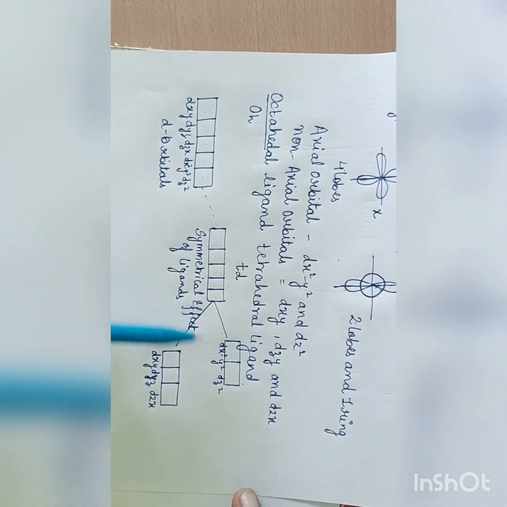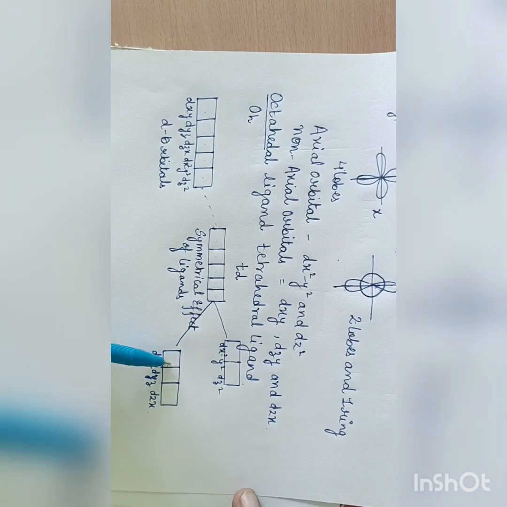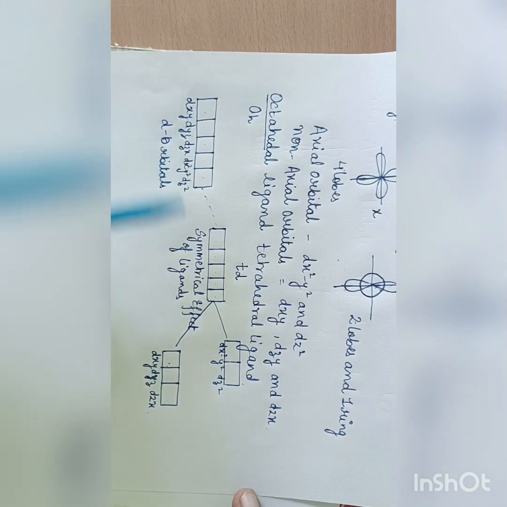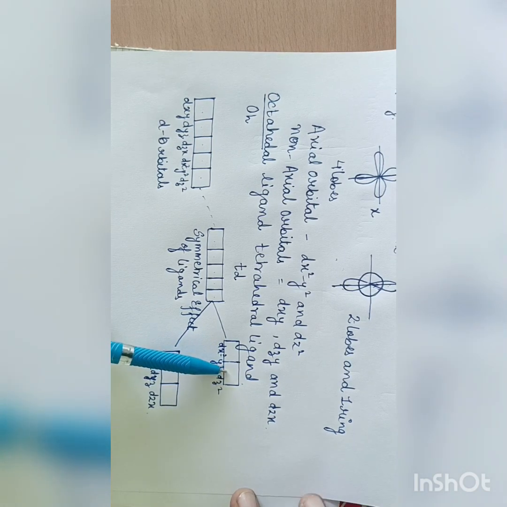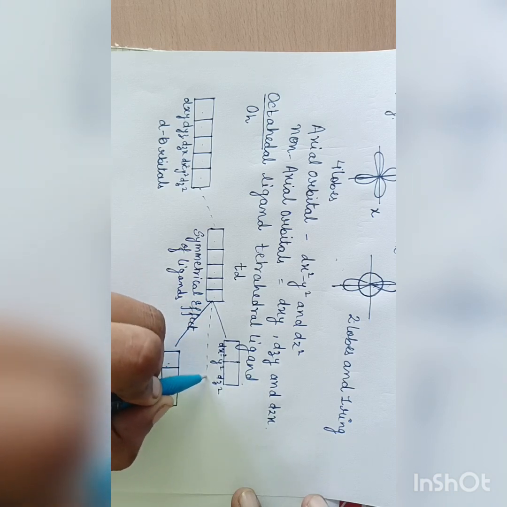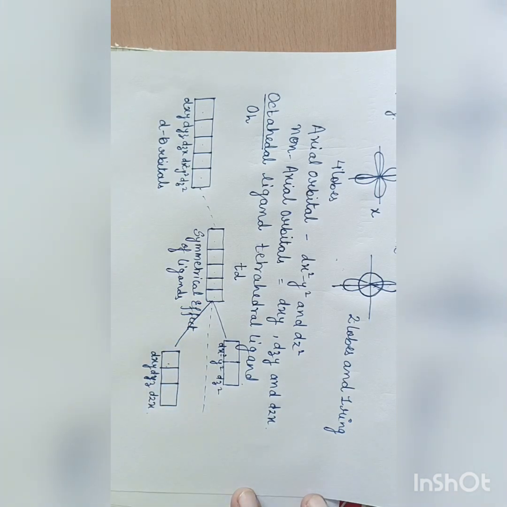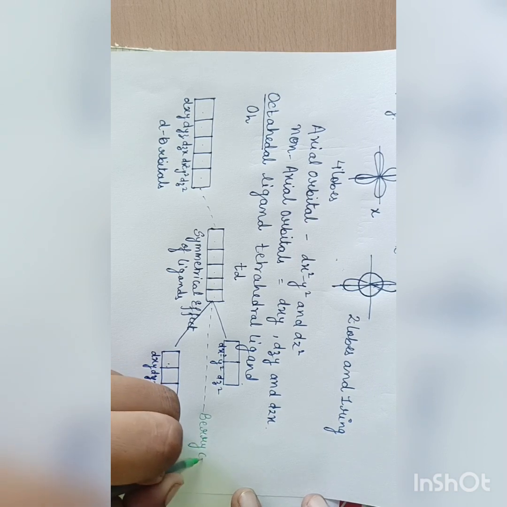When the ligands completely approach the metal d orbitals, the energy of the 2 orbitals slightly increases and the 3 orbitals slightly decrease. This is called the barycenter.